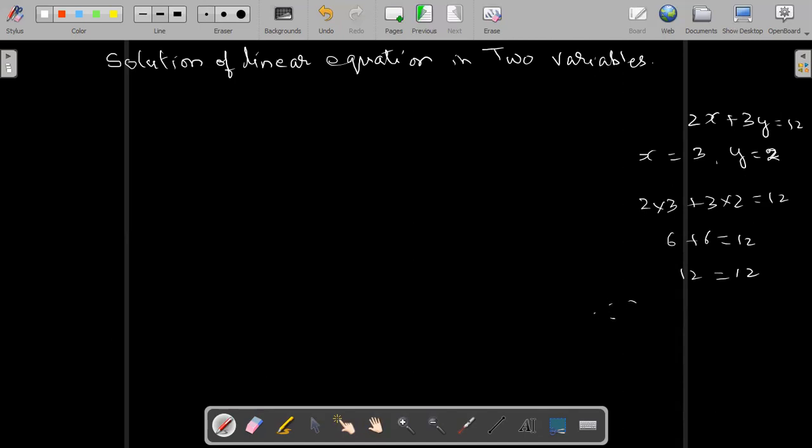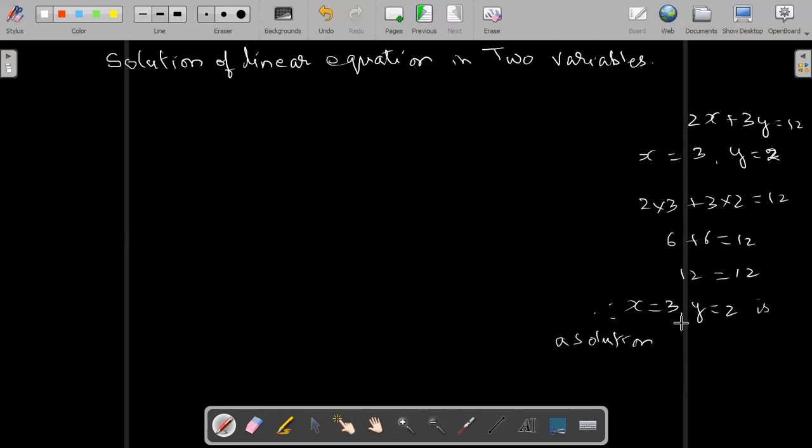Therefore, we can say x is equal to 3, y is equal to 2 is a solution of this given equation, because it is satisfying the equation.